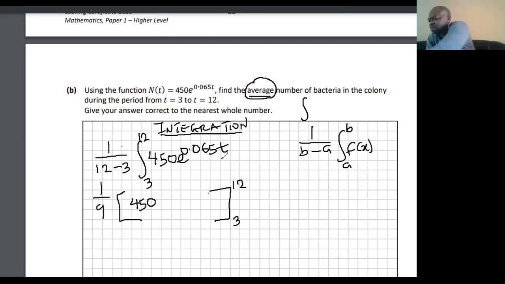They forget what they're actually doing. So we are integrating. If you are integrating, you see the power always comes down.